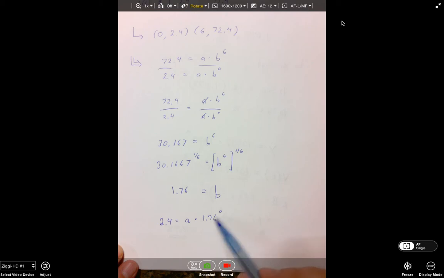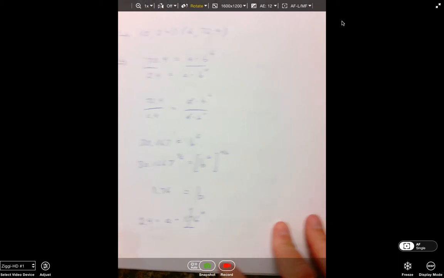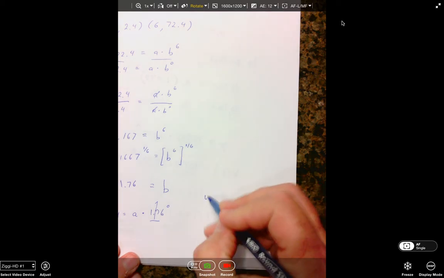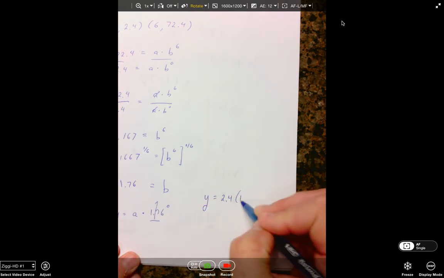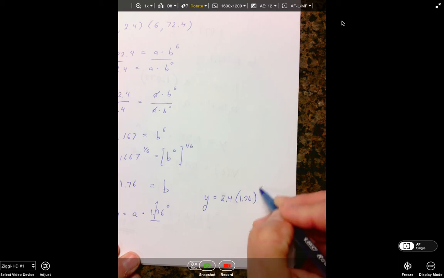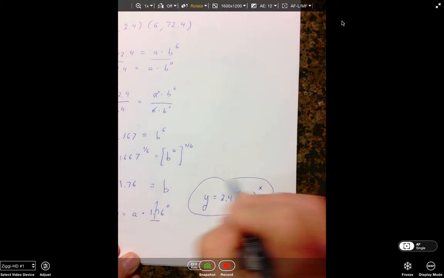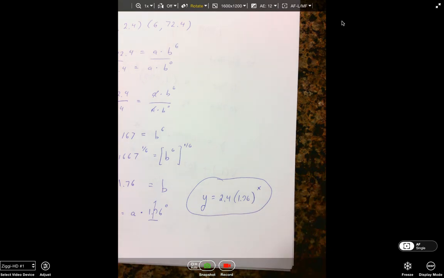Well guys, anything raised to the 0 power is equal to 1. So guys, my a would be 2.4. So kind of got lucky here, so y is going to be 2.4 times 1.76 raised to the x power.